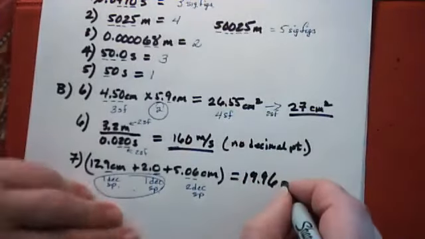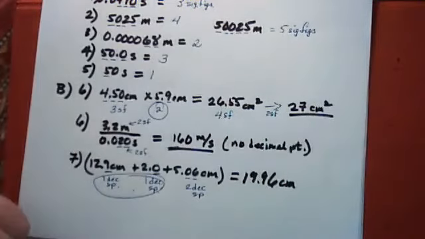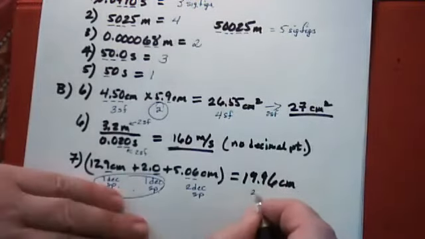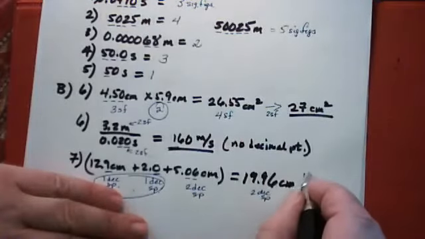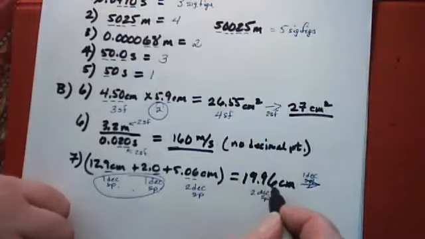And when we add these numbers together in our calculator, we actually come up with 19.96 centimeters. That's actually 2 decimal spaces. So we have to convert the number to 1 decimal space, meaning that we have to drop the 6.